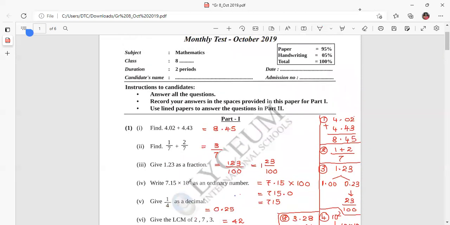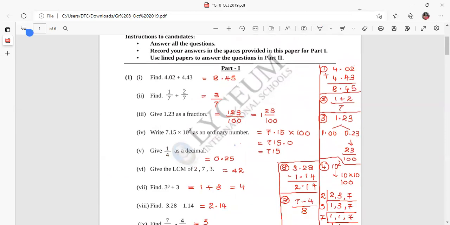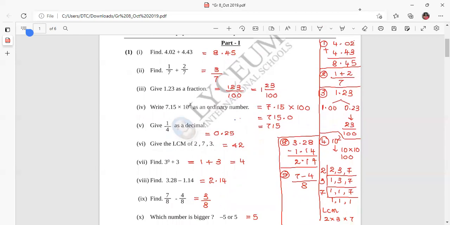So quickly, I will summarize what I discussed here. The most important thing here, you want to read the instructions. So then when you are moving to part 1, question number 1, you always get this kind of format on the first page. If you have enough space like this, children, I suggest you have a working column like this, right?